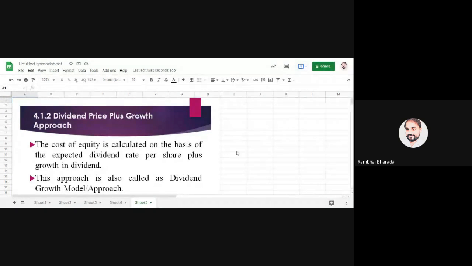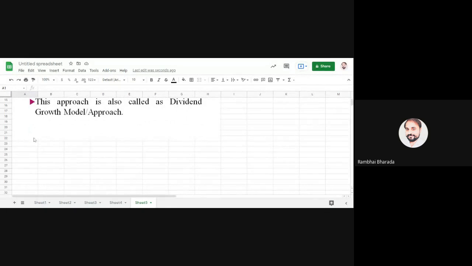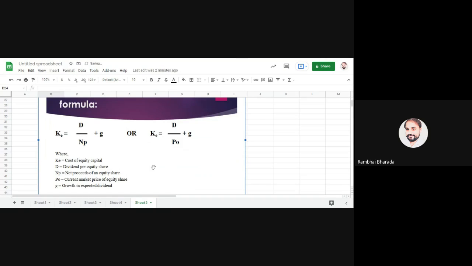The previous formula remains the same. There is no change, but you need to additionally add one more thing, and that is G. Cost of equity capital is equal to D divided by NP, plus you need to add G, and G stands for growth rate.